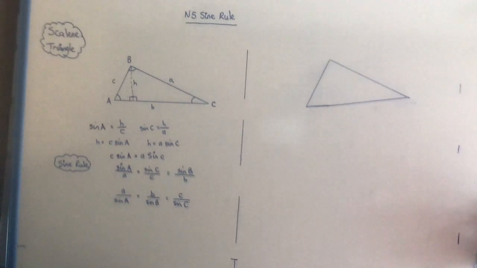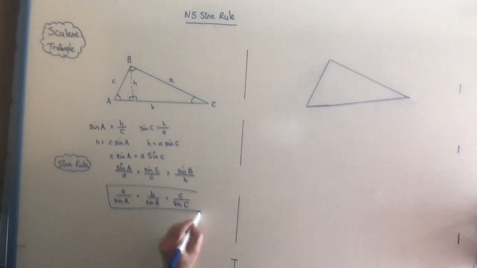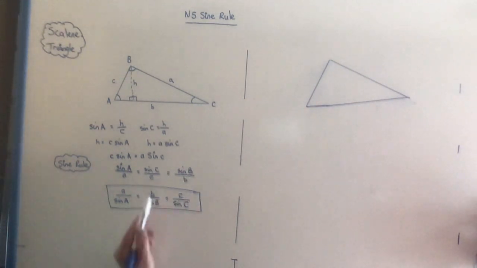Okay, what one do you use? Well, in the exam, National 5 exam, this is the version they give you. They don't give you that version, but you can just flip them when it suits. What do we use? Well, it just depends on the question. Okay, it doesn't matter which one you use, you come up with the same answer.